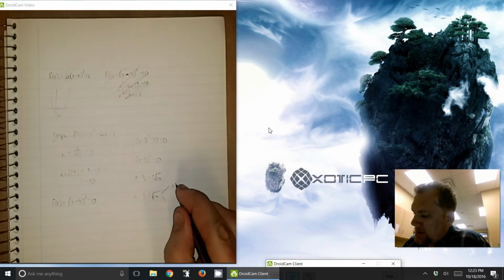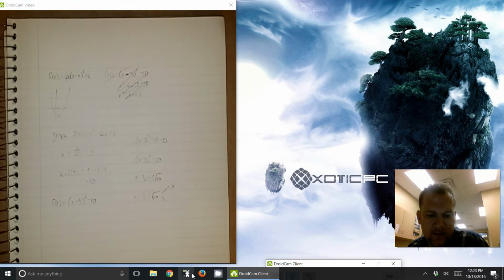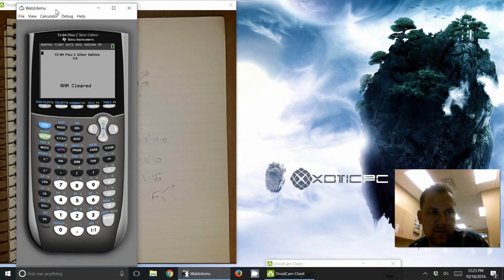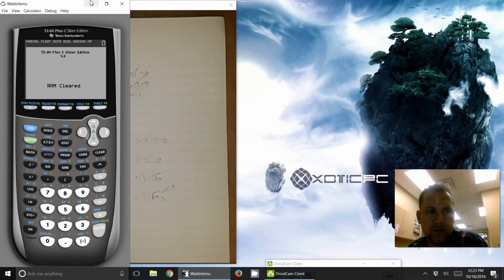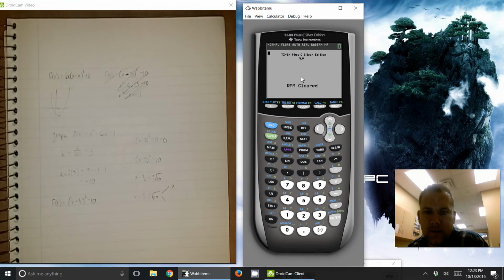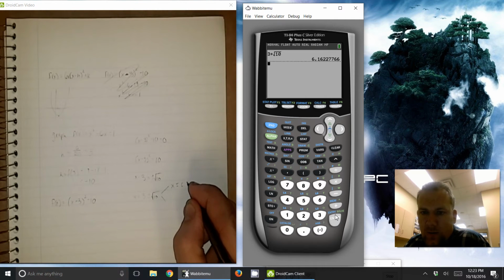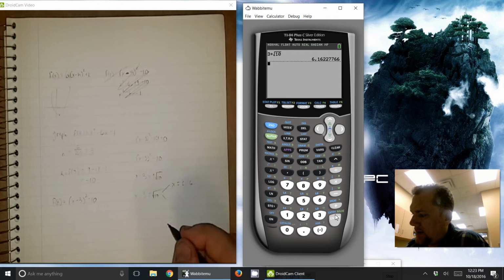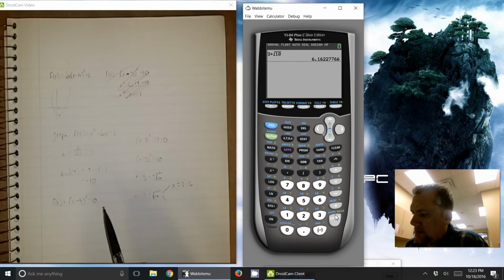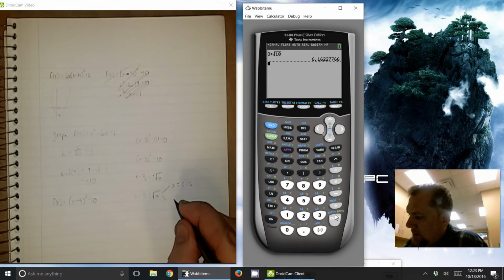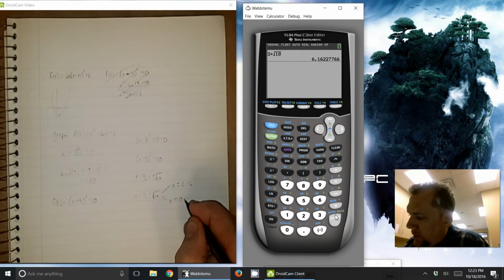So x, let's get a calculator. Okay, that was messed up. So let's get these numbers. So 3 plus or minus square root of 10. So 3 plus square root of 10. Alright, so 6.16. So I know that the next one will be 3 to the other side, so I'm guessing it'll be 0.16.